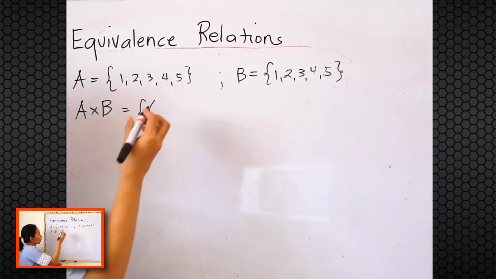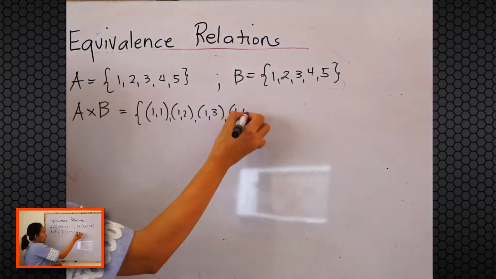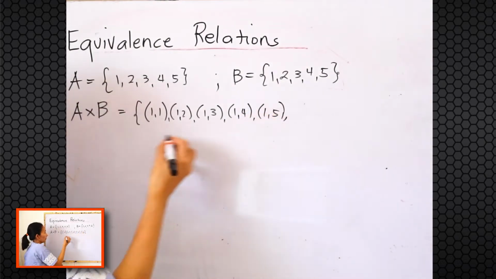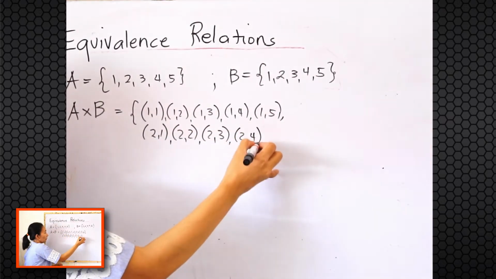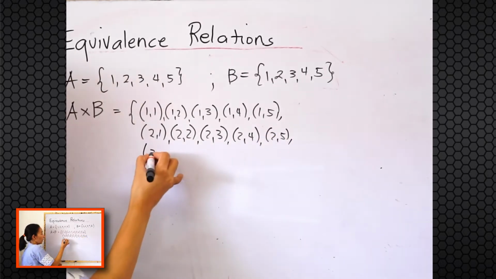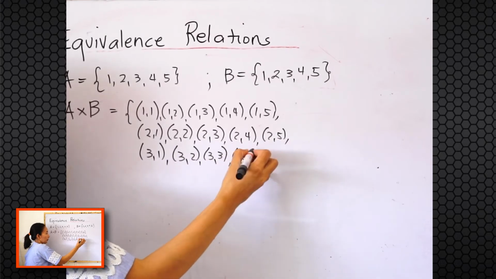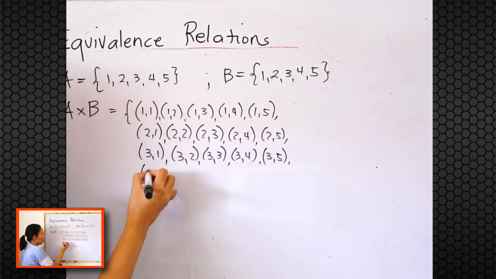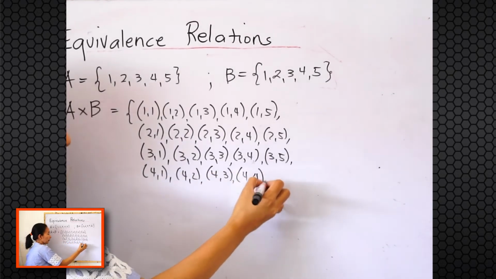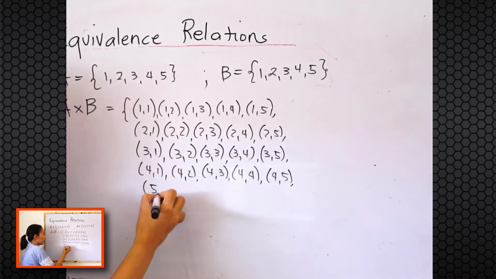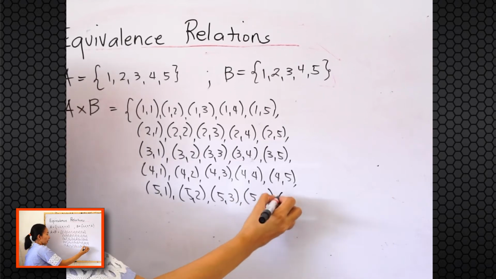The set of ordered pairs: (1,1), (1,2), (1,3), (1,4), (1,5), (2,1), (2,2), (2,3), (2,4), (2,5), (3,1), (3,2), (3,3), (3,4), (3,5), (4,1), (4,2), (4,3), (4,4), (4,5), (5,1), (5,2), (5,3), (5,4), and (5,5).